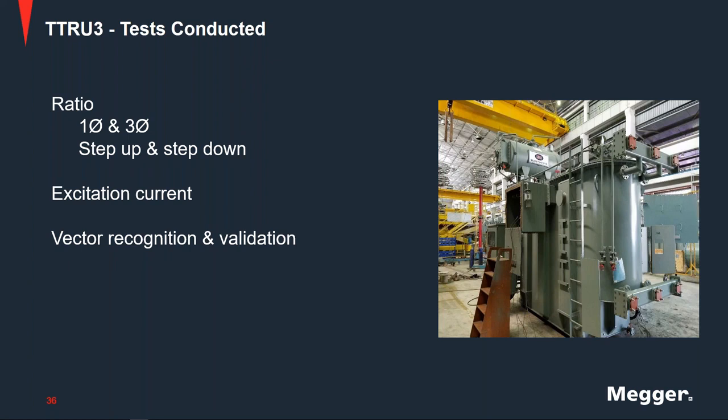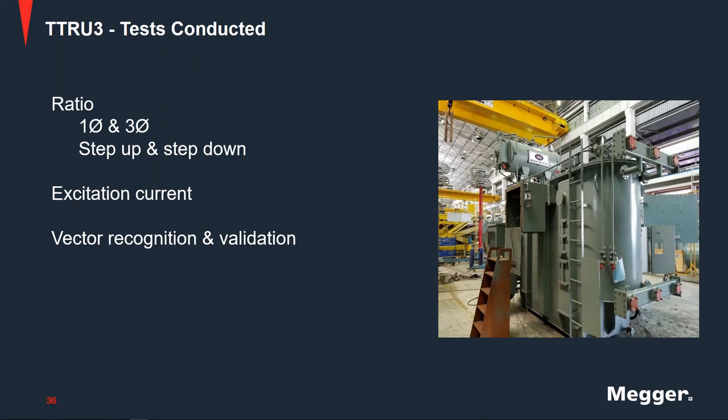At the beginning of each test, we do a 1-volt probe test where we validate that the leads are connected properly and that there are no short-circuited windings, and during that time we will verify that, yes, you said it was a Dyn1 and you have connected it as a Dyn1. If you selected the wrong vector, say a Dyn7, the TTRU3 would alert you and tell you to check your leads or check your vector selection to make sure that you're running the test properly.